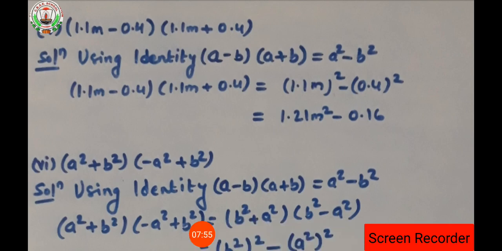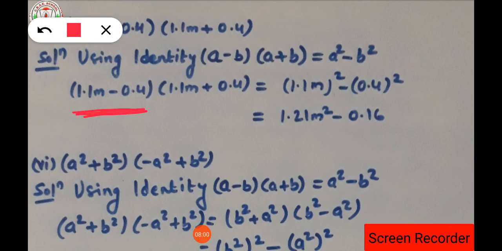Okay, here the third identity is going to be used, as in the question one expression is in the addition form and another expression is in the subtraction form. That means (1.1m - 0.4) into (1.1m + 0.4). So here a different identity is used. As I said at the start of the exercise, while seeing the question itself, you can say which identity is going to be used, isn't it? So here we use the identity (a - b) into (a + b) is equal to a square minus b square.